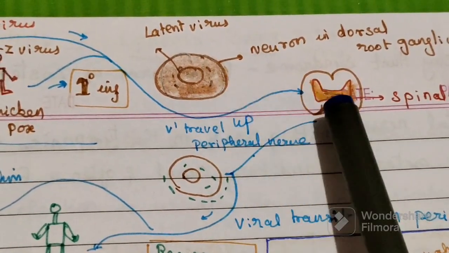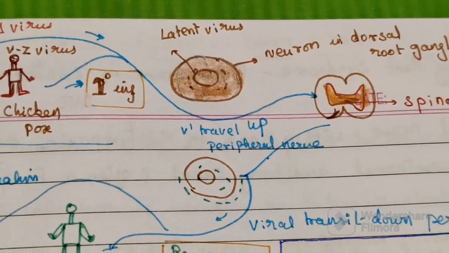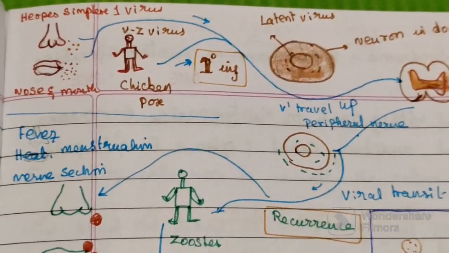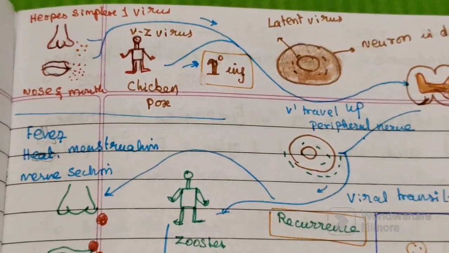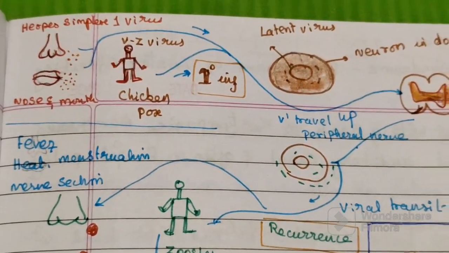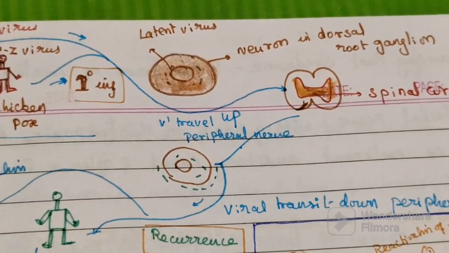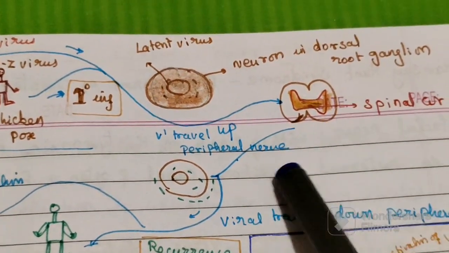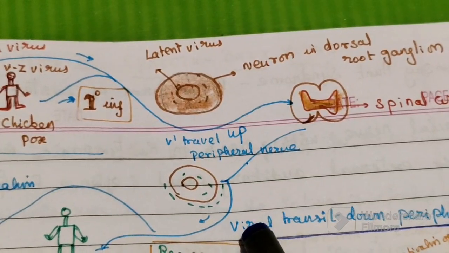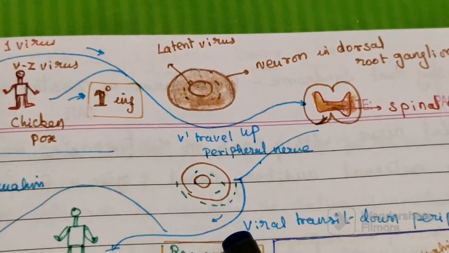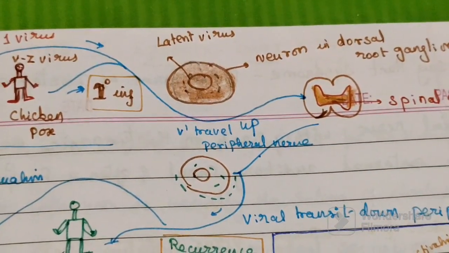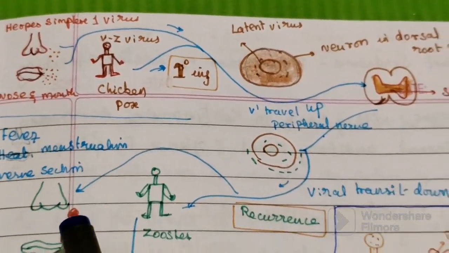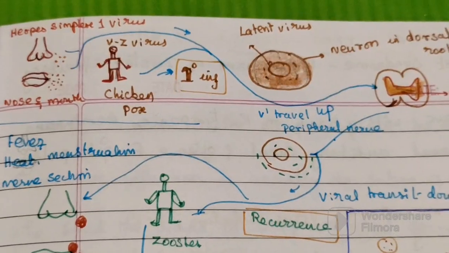When immunity is trapped because of fever, heat, surgery, anything, the virus gets reactivated, travels through nerves again, comes back and causes a lesion. Compared to the primary lesion, the secondary lesion is the larger one.